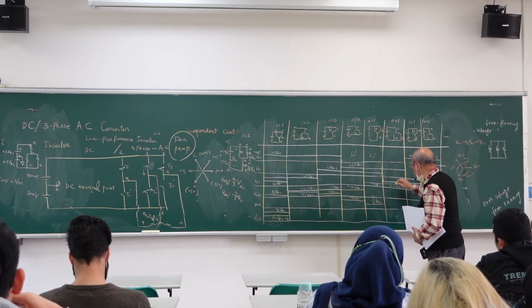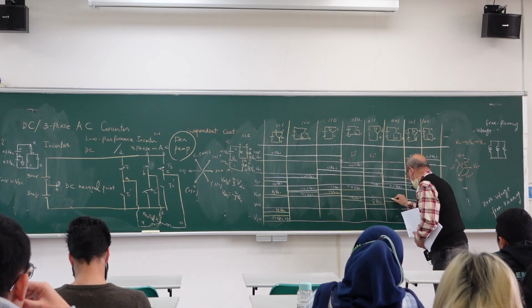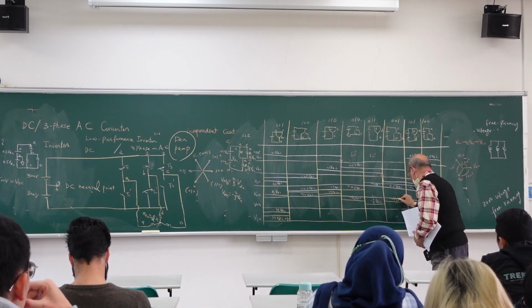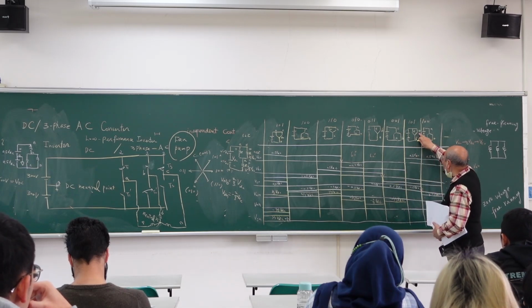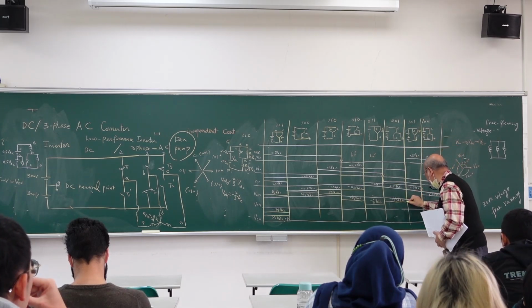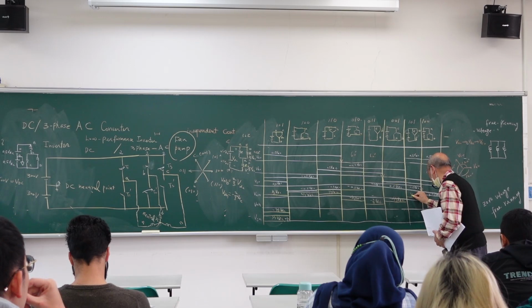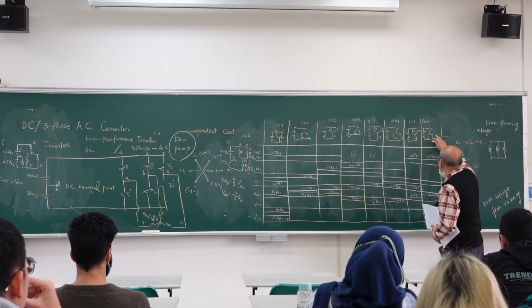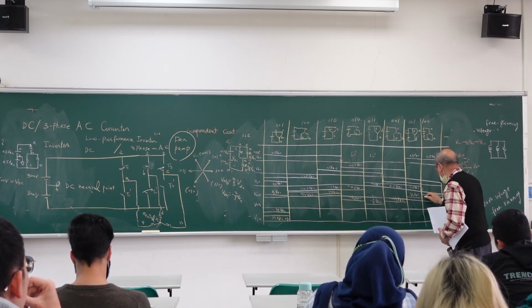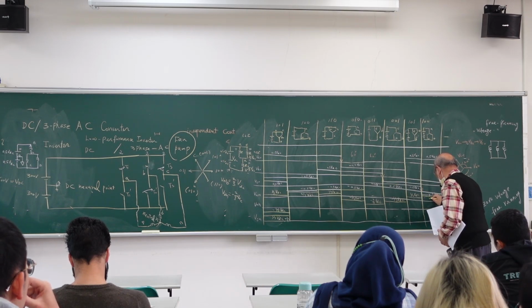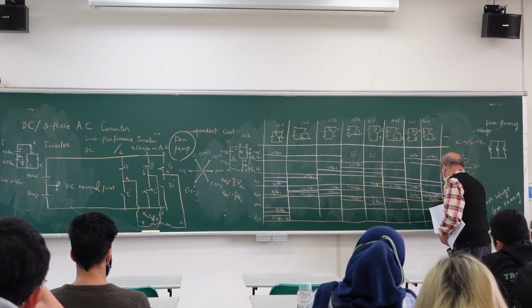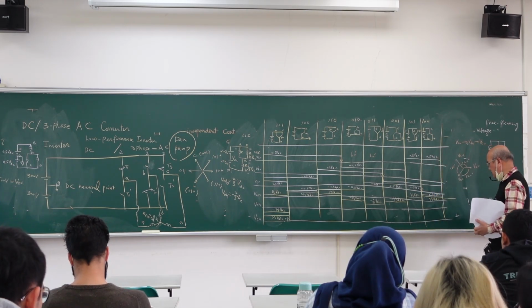A is here, minus 1/3. A is up, so plus 1/3. A is here, plus 2/3. So you can draw A phase easily like this.